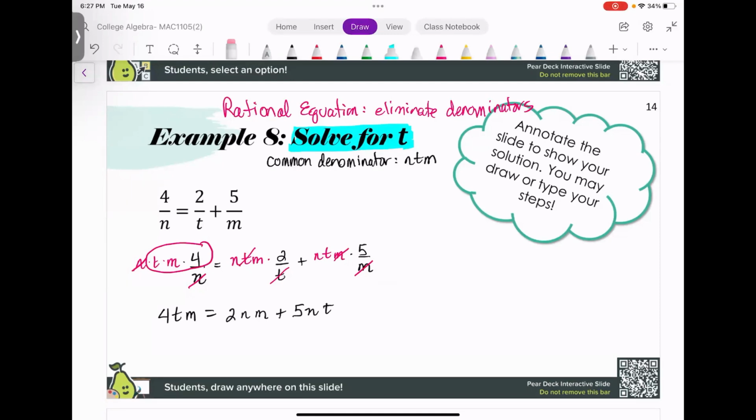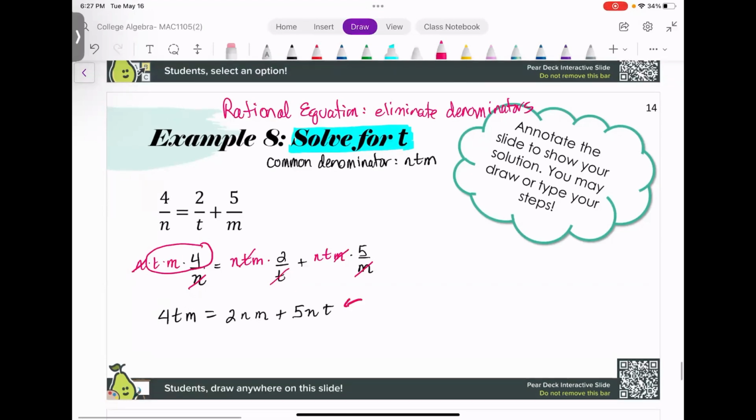So now, if I want to go ahead and solve this, I'm solving for t. My next step is to get all the terms that have a t in them on the same side of the equal sign. So since I have 2 terms on the right and 1 term on the left, I'm going to move my term with t to be on the same side as the other term with t.